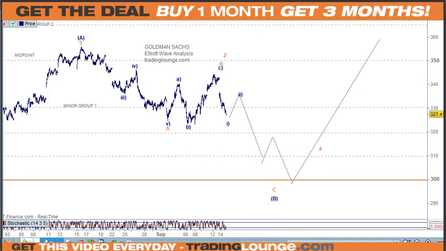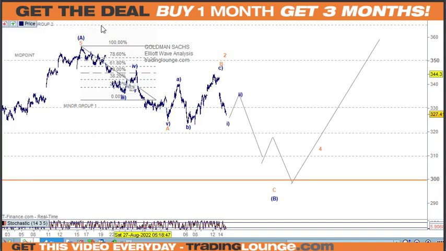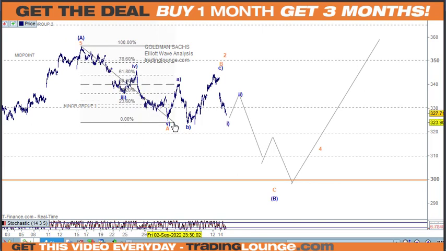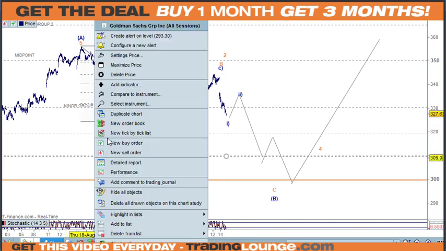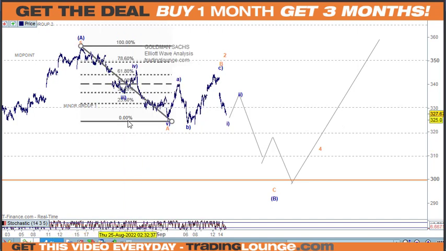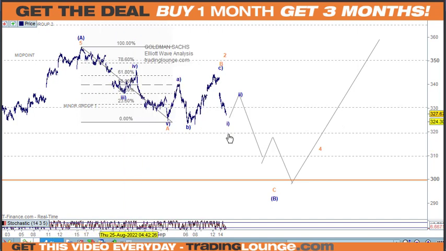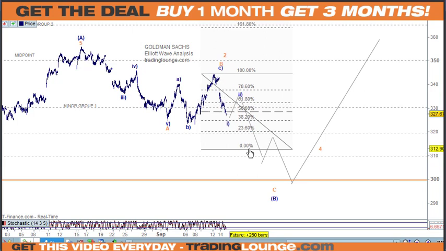And I just want to see how things look. The first thing I want to see is if there's going to be any equality between the length of structures. So that's the length of wave A, and this is the length of wave C here. That will give them equality at that point.